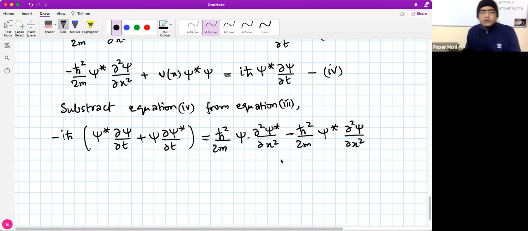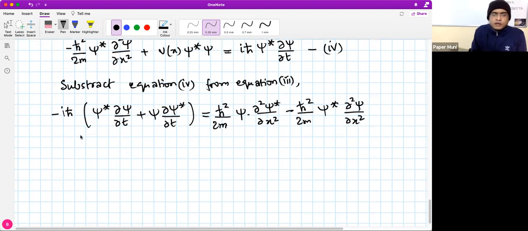This is the expression we get when we subtract. We get rid of the potential term because it's the same thing, V psi star psi, in both. So we get rid of that potential term when we subtract, and we get this final thing.